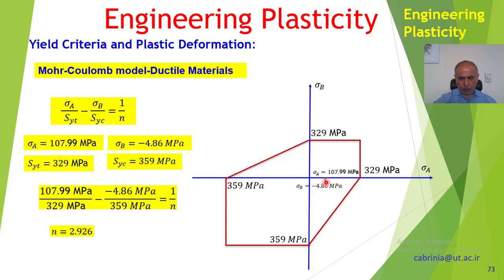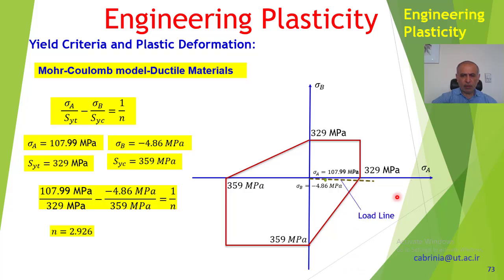That's a small point there, because sigma A is 107.99, considering that's 329, so it's somewhere here, and that's minus 4.86, considering that's 359. It will be very near to this axis, so that is my applied stresses.